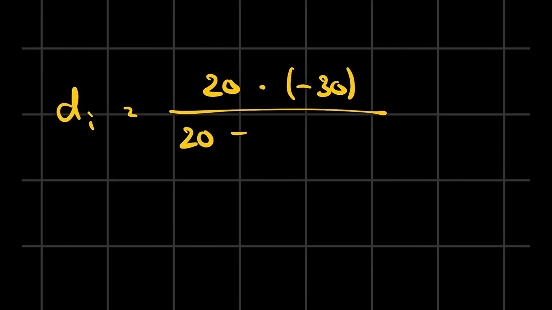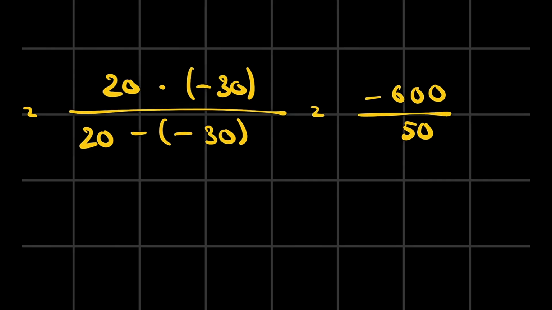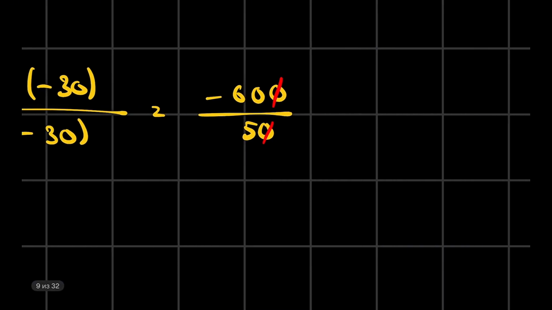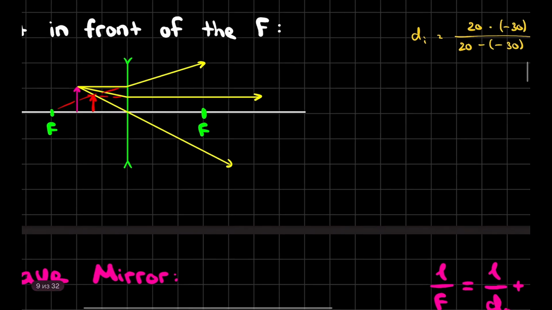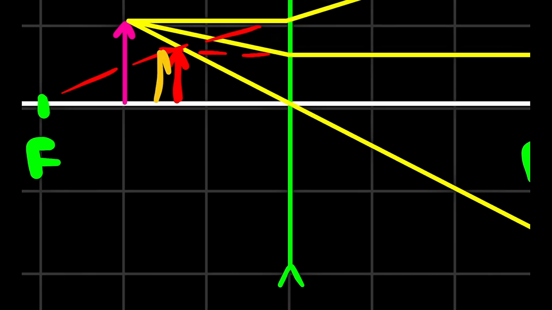This is 20 minus, by the formula, but it is also minus 30, so it will be minus 600, I'm sorry, this is negative 600, and this thing would be 50. If we cancel, 60 divided by 5 is definitely minus 12. This thing has to be minus 12 centimeters. And is it? Well, yeah, pretty good. It's not exactly at the half, but it's a little bit closer to this 10 point. Maybe a little bit to the right would be correct.